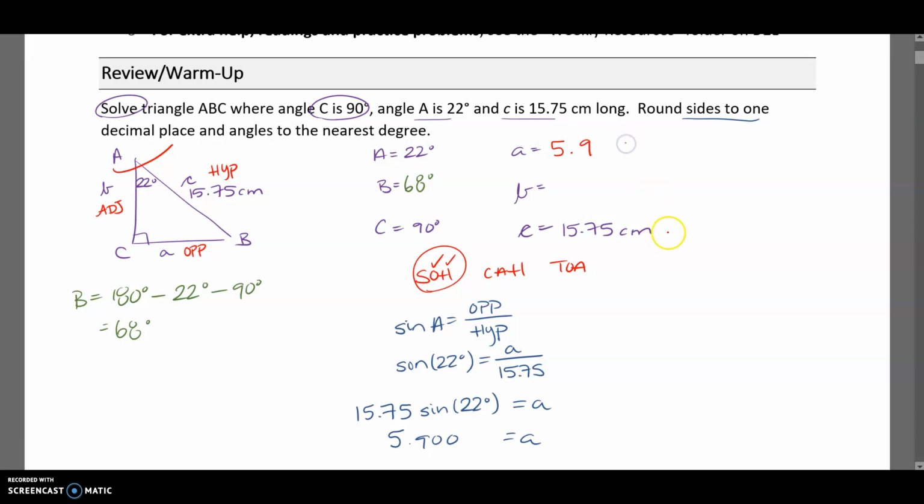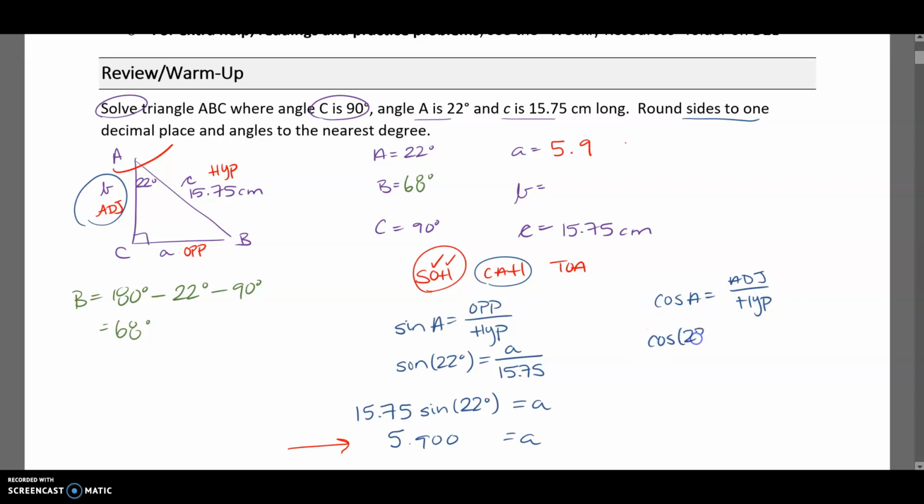We still have to find side B. I know two sides now in my triangle, but if I want to use the Pythagorean theorem, I would need to use the unrounded value of A. It also means if I made a mistake finding that, the mistake carries forward. So I'm going to use a trig ratio again, this time looking at finding the adjacent side, or side B, knowing the hypotenuse. So I'll use the cos ratio. Cos of an angle is the adjacent side over the hypotenuse.